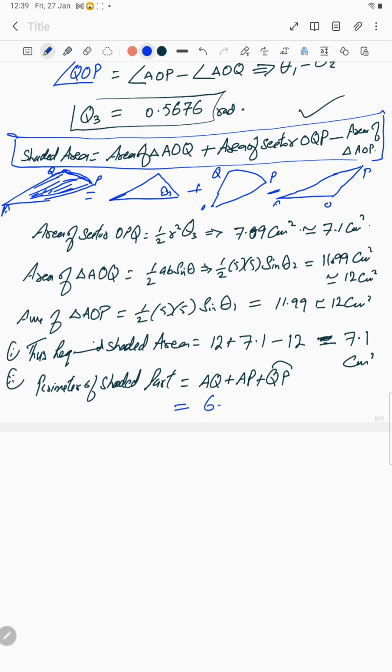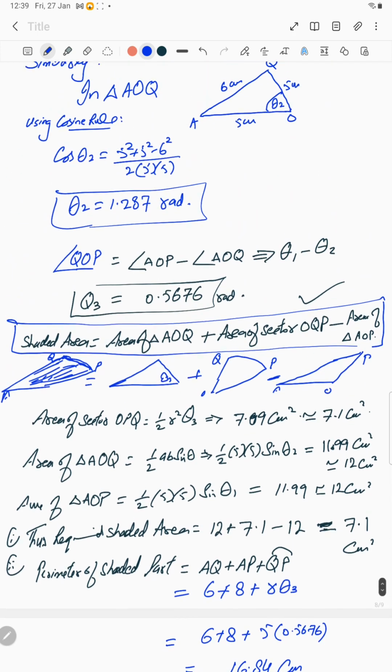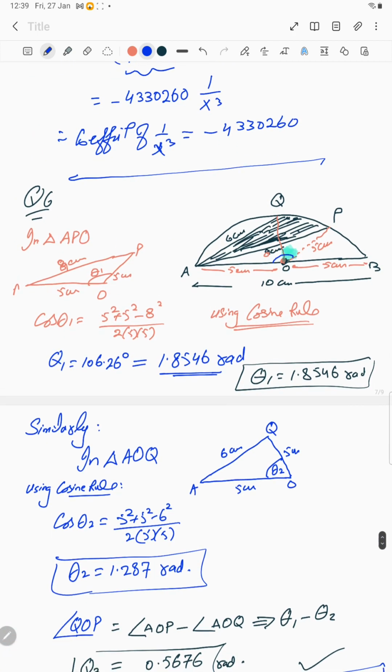AQ was 6 and AP was 8, and arc length was R theta. Theta will be theta 3. So 6 plus 8 plus 5 into theta 3 was 0.5676. After simplifying we get 16.84. This is the final answer of the figure. I hope you guys understood it.